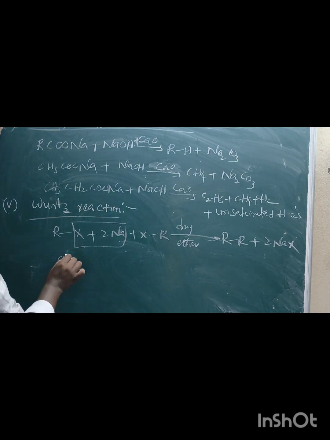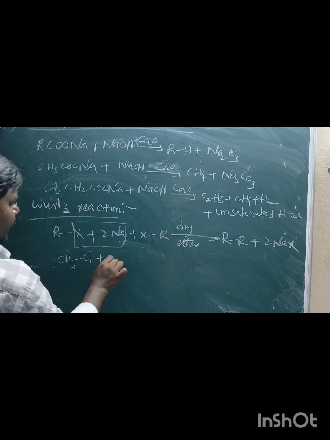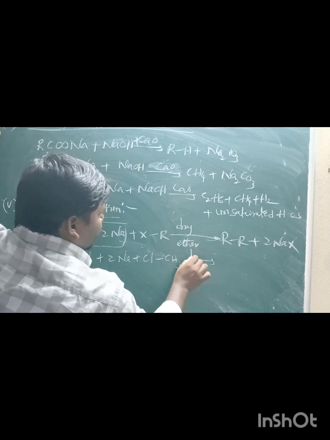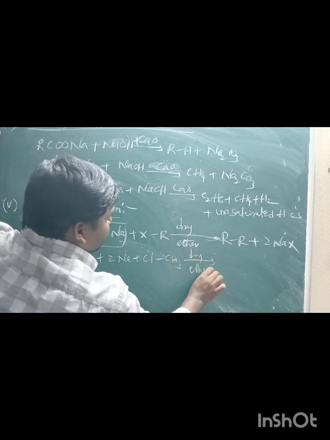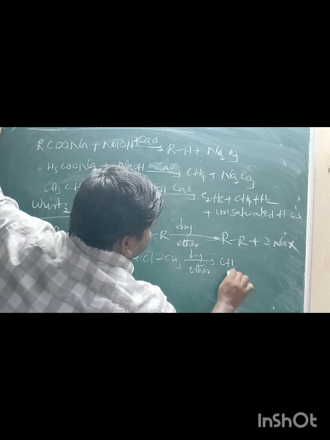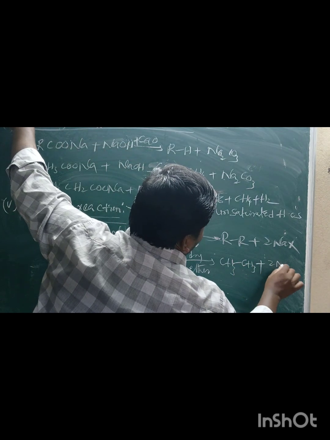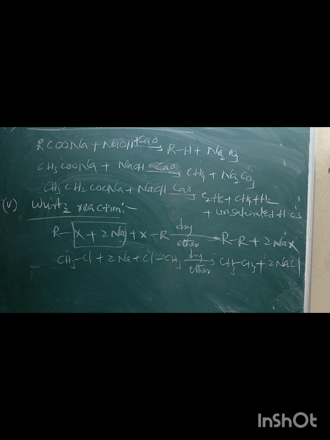For example, 2 moles of methyl chloride react with sodium metal in the presence of dry ether to form ethane and 2 moles of sodium chloride.